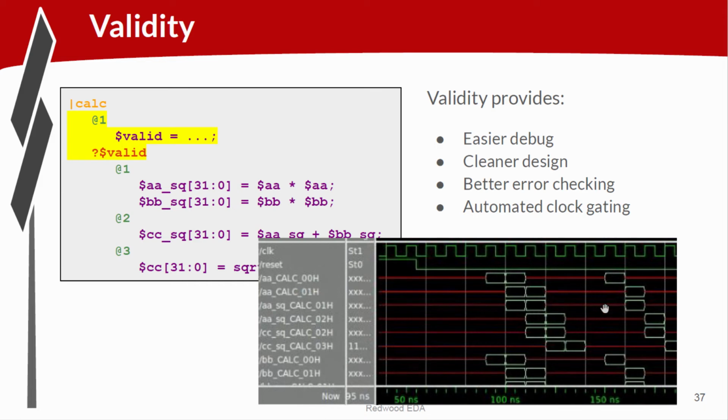So in this case, the waveform we're looking at, the reds are reflecting these don't cares in simulation, which have been injected from the knowledge of validity. These don't cares are what's giving us better error checking. The simulation is going to propagate these don't care values. If you have a don't care at the input of a gate, that don't care is going to generally show up at the output of the gate as well.